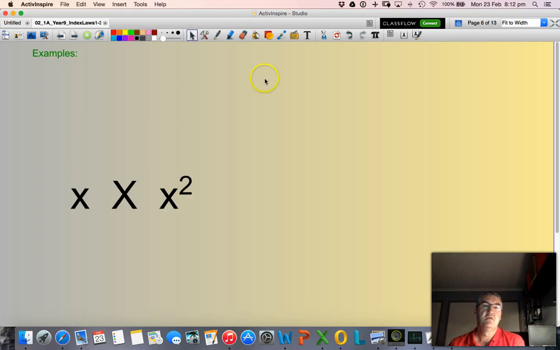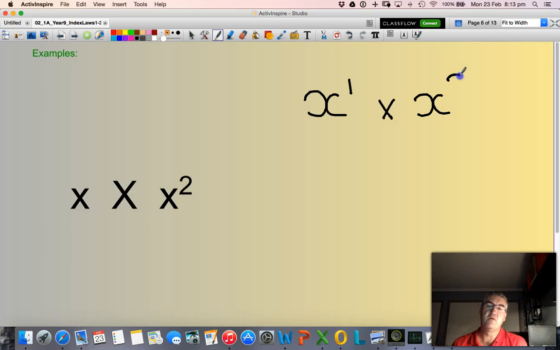Now, this one here, slightly trickier. When you have an x or any number by itself, you can consider that to be raised to the power of 1. So, if I rewrite this, this would become x to the power of 1 times x squared. Now, I think we'd be able to work that one out.